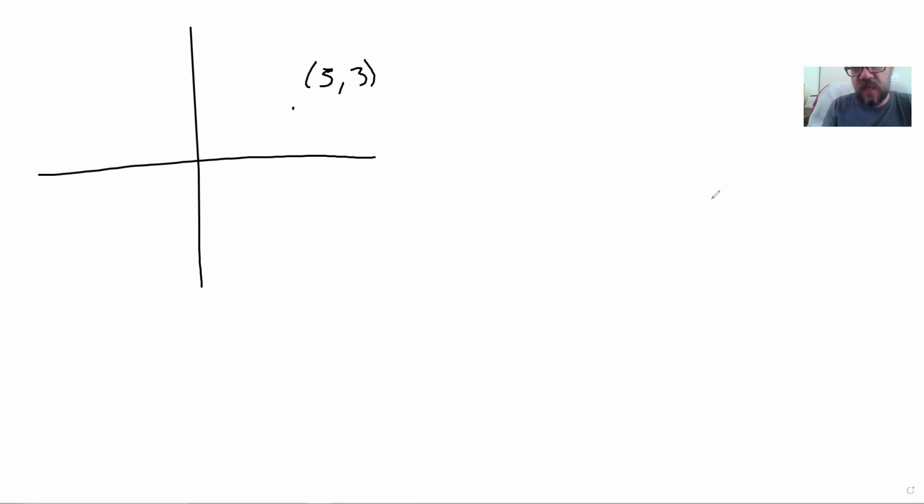And whatever that thing is, that's a relation. That's all a relation is: a way to map x values onto y values and vice versa. That's all it is.